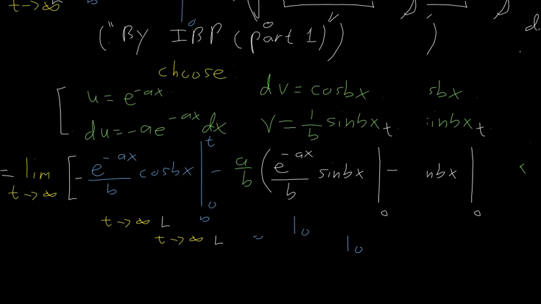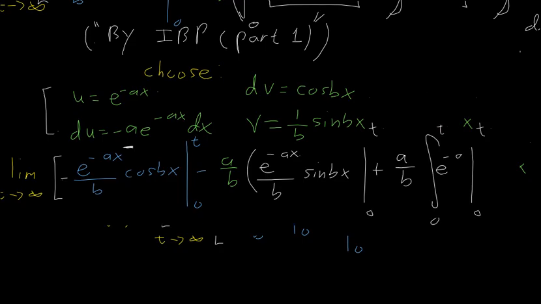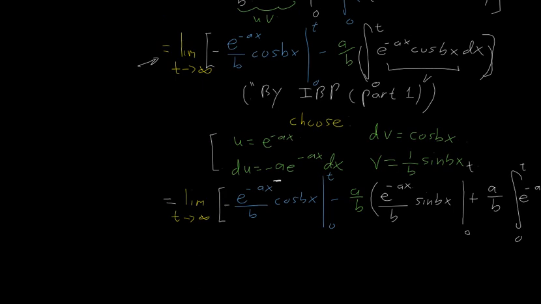Because we have the minus a here, it becomes positive: a over b, and then we integrate from 0 to t of e to the negative ax sine bx dx. So fairly straightforward. It's just long and annoying.